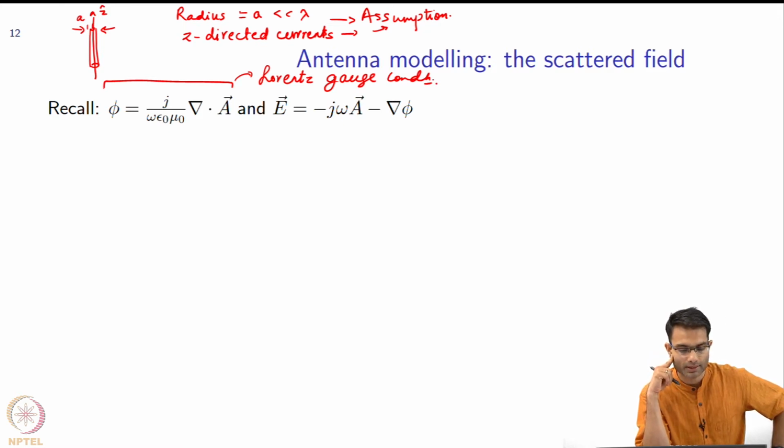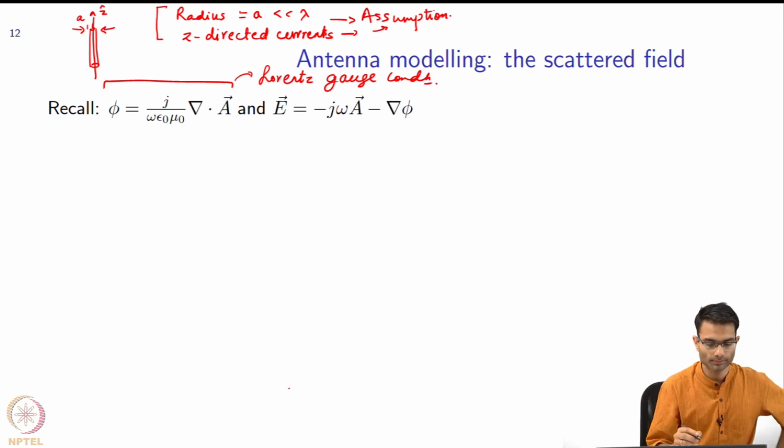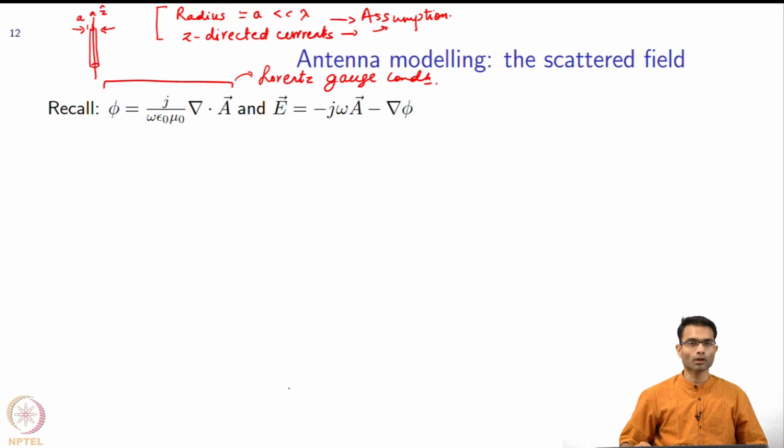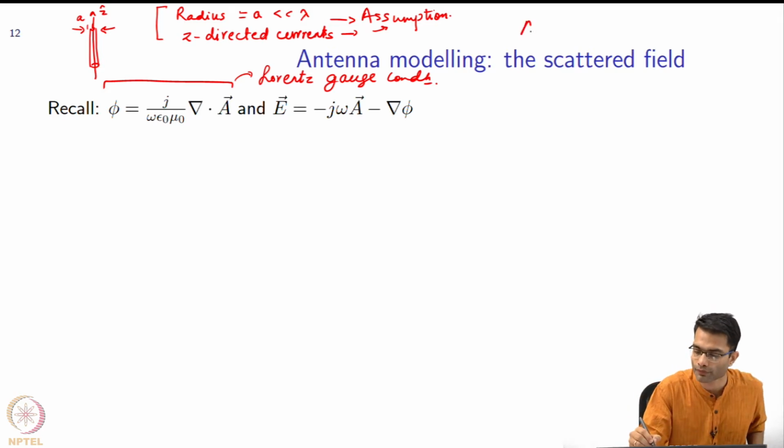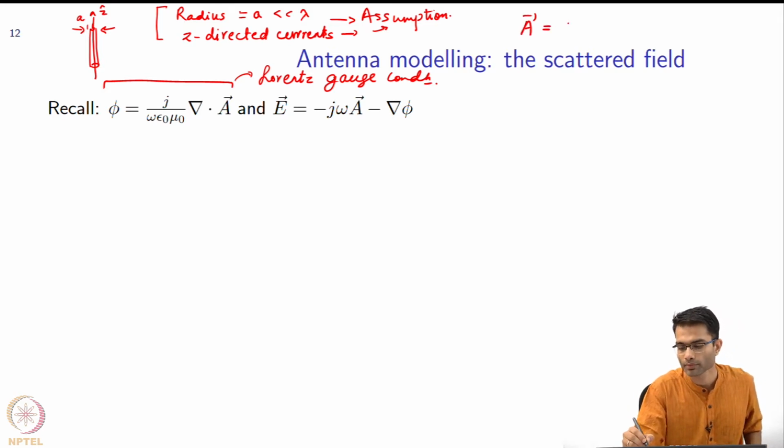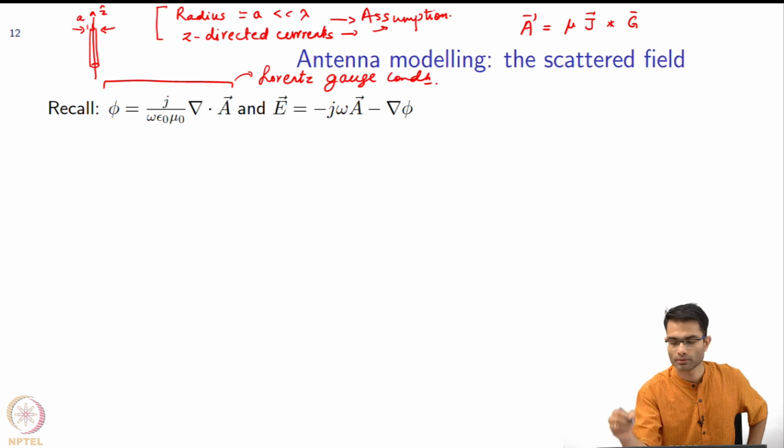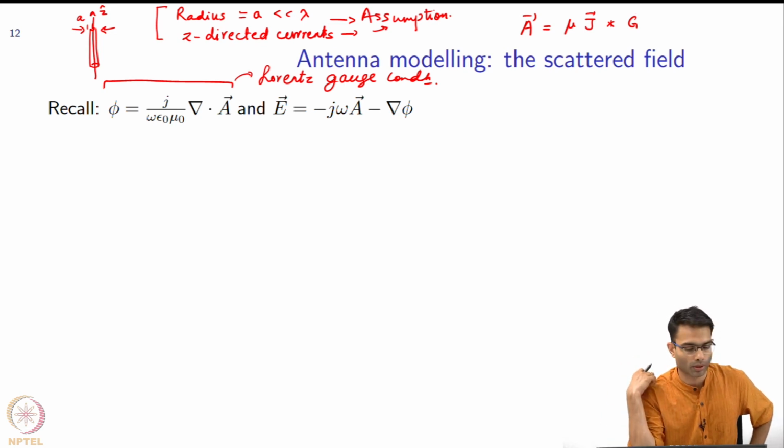How will this get simplified under our assumptions? What components, remember A is of what form? A is of the form mu times J convolved with G, right. So, how can I simplify this a little bit more?